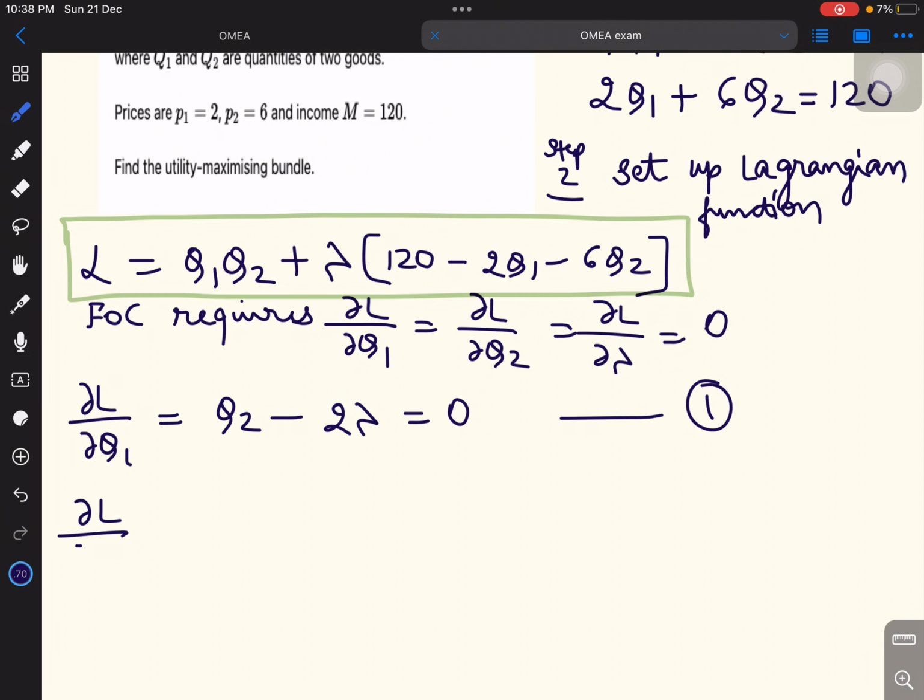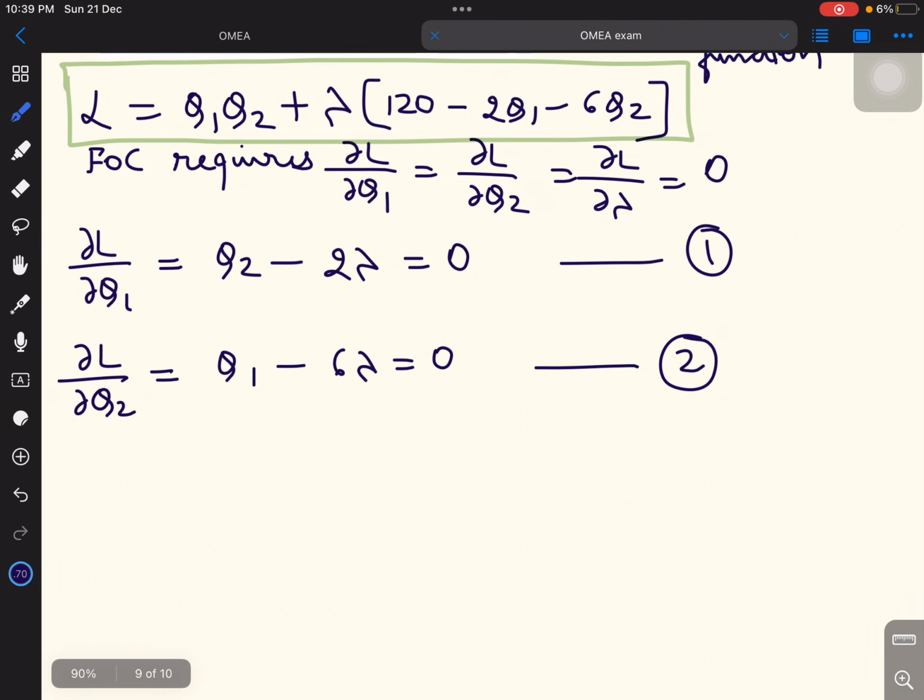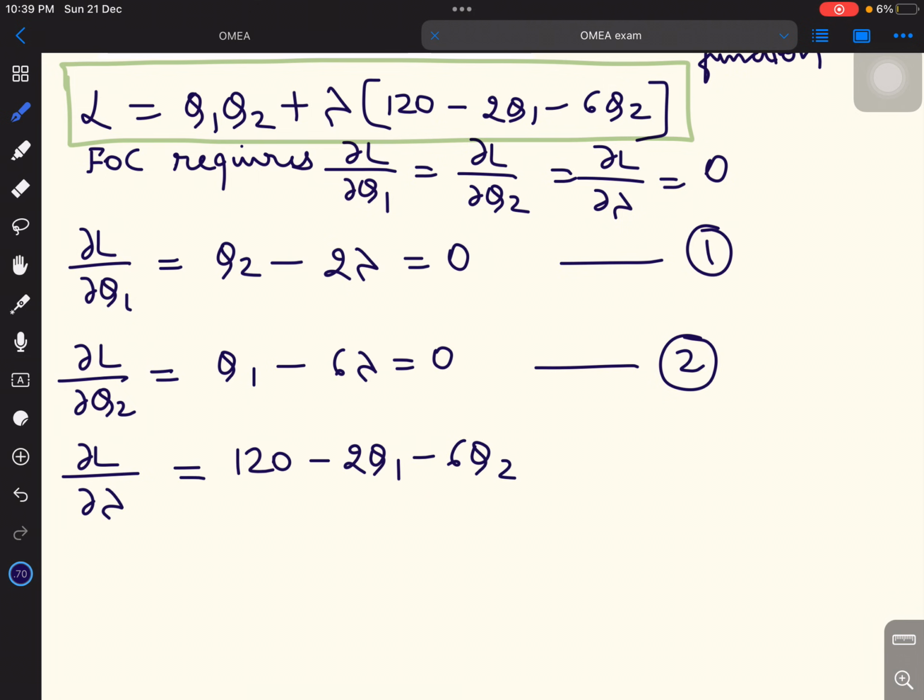The second is delta L by delta Q2, so this is Q1 minus 6 lambda, put it equal to 0. Let this be our second equation. Delta L by delta lambda gives 120 minus 2Q1 minus 6Q2. Let this be our third equation.